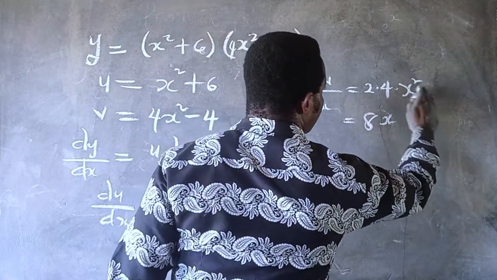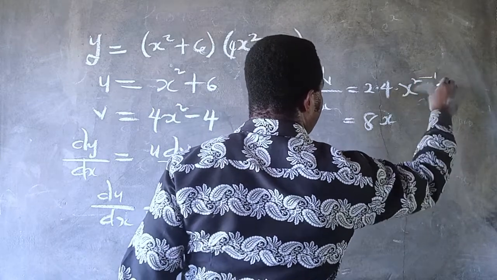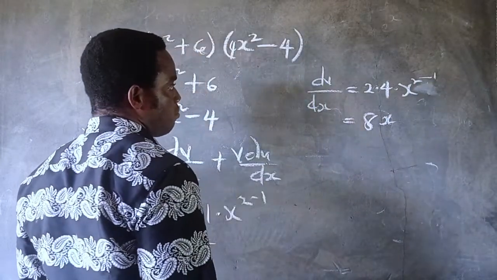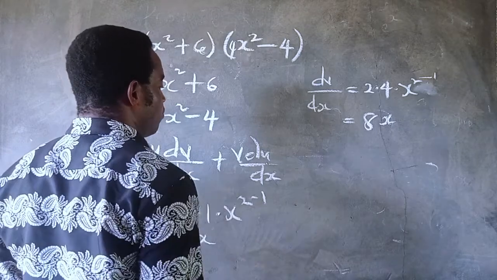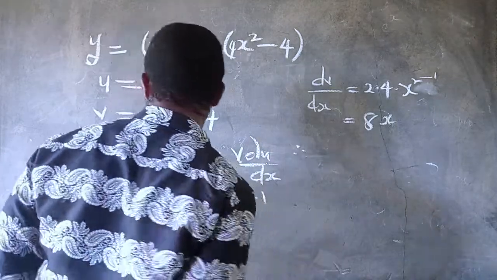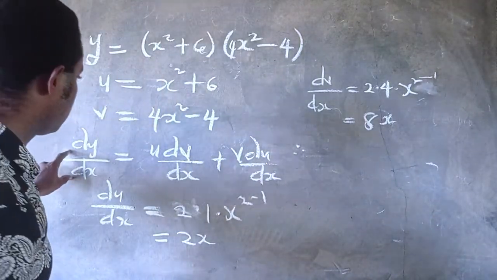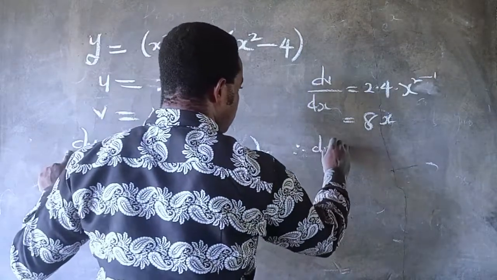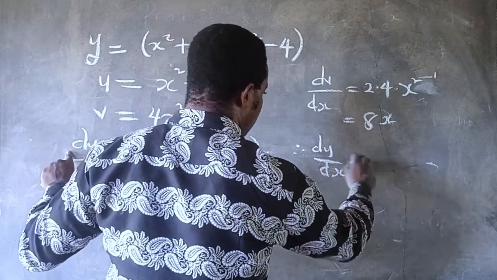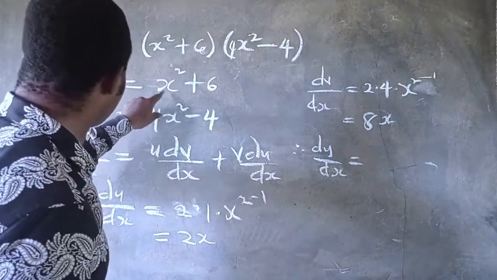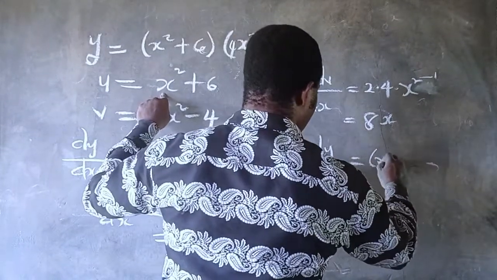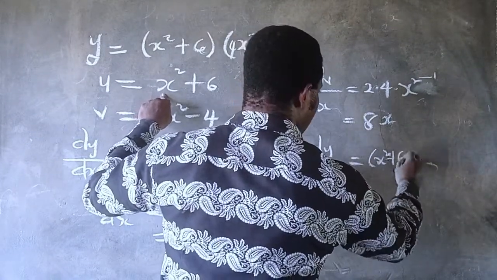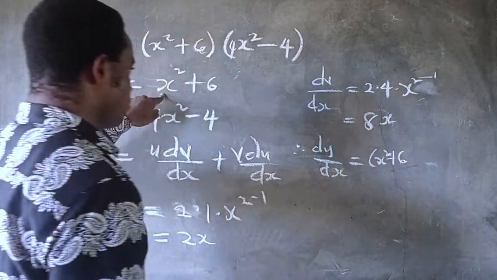Sorry, I didn't write that properly. I hope you're not confused. So therefore, let us go on and put all these values into our formula. dy/dx equals u. What is our u? x raised to the power 2 plus 6. That is the u we have there.